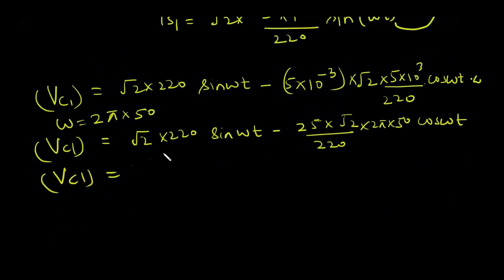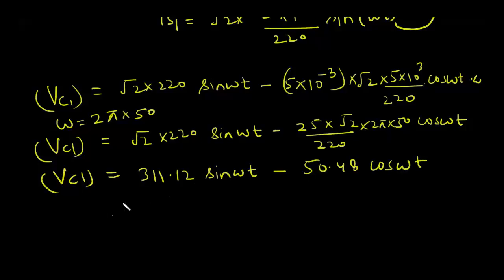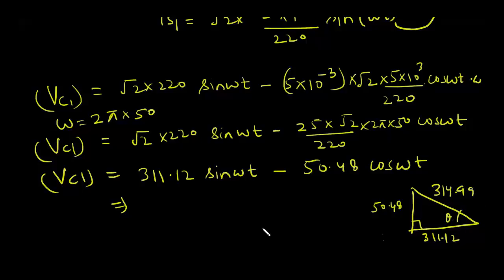Upon solving this equation, you will get 311.12 sine omega t minus 50.48 cos omega t. Now you can use trigonometry here. Let's consider this side as 50.48, this as 311.12, and from Pythagoras we can calculate the hypotenuse as 314.99. This is theta.